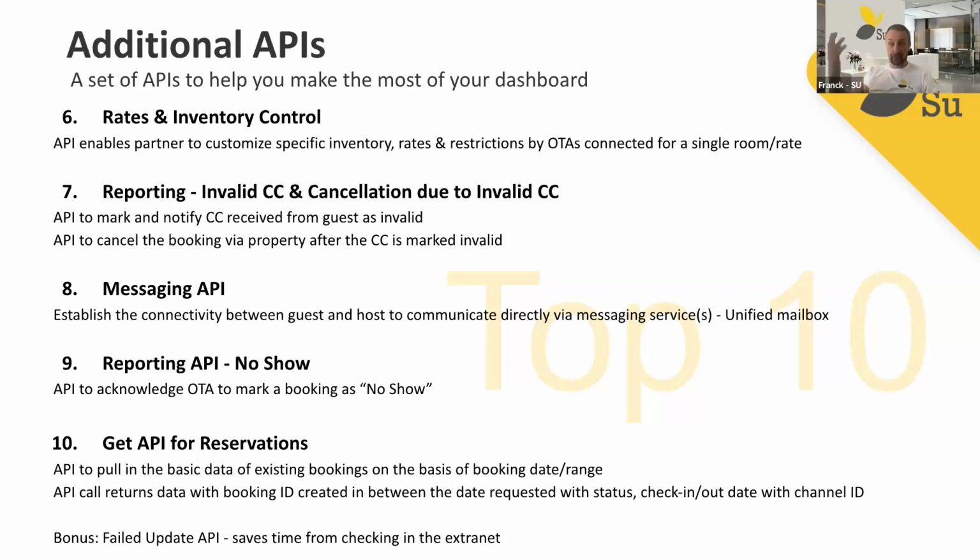They have a call that returns the booking ID, the dates, status, check-in, check-out, channel ID, whatever. So they get a list of all that, and that makes their life so much easier because when you're looking at the different bookings you receive, you can make sure that no-shows have been properly reflected in your bookings and things like that.